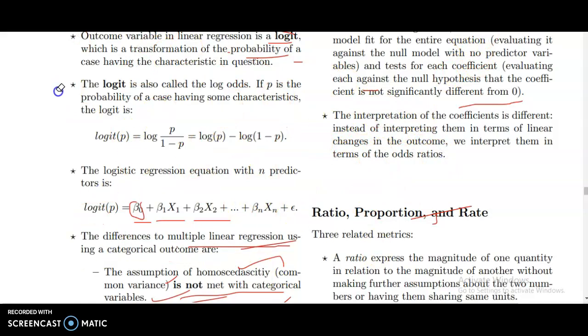The interpretation of the coefficients is different.